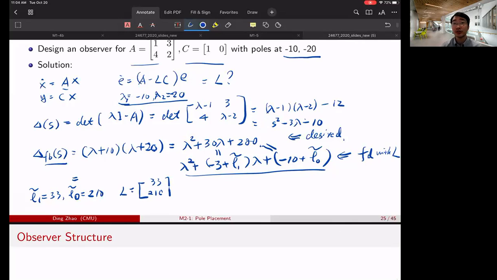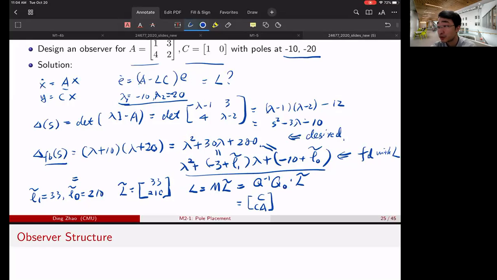We still need to compute what is real, what is L, not L tilde. So L equals M L tilde, and M equals Q inverse Q observer. This Q is just C, CA, that's our original system.